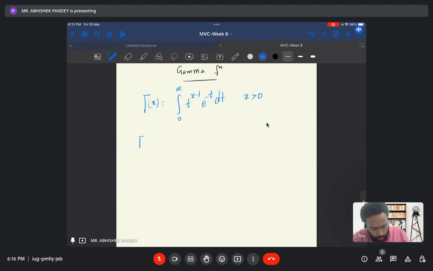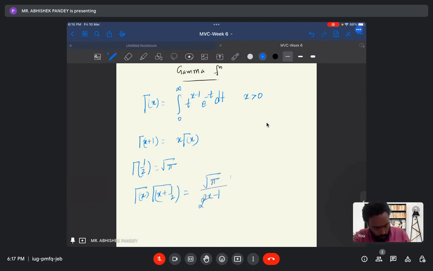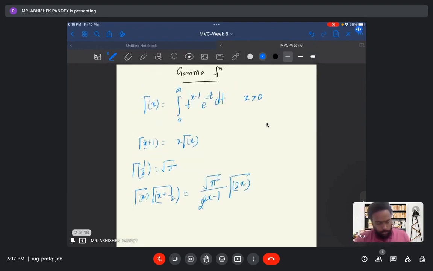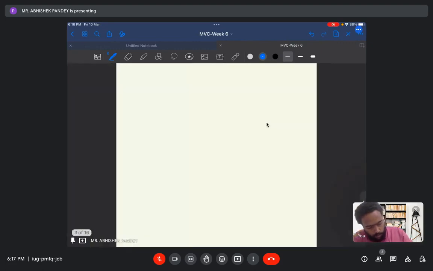Some of the properties are: gamma of 1 by 2 is root over pi, and gamma of x into gamma of x plus 1 by 2 equals root over pi times 2 to the power 1 minus 2x gamma of 2x. This is some property of the gamma function, and I will mention some properties of the beta function.